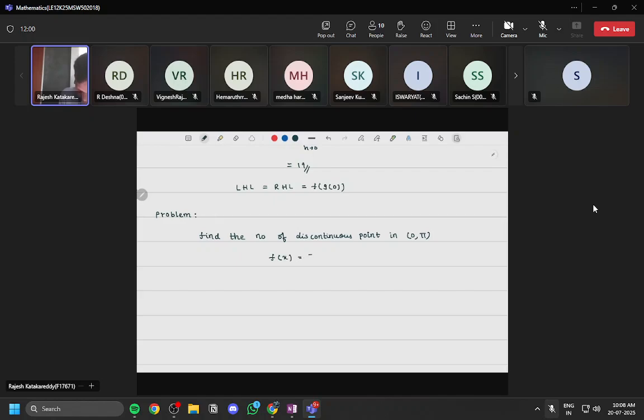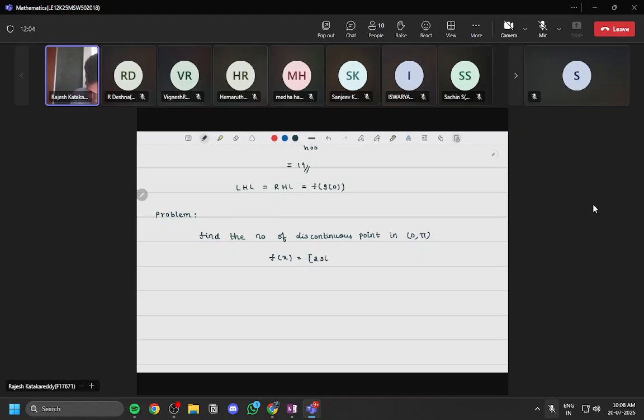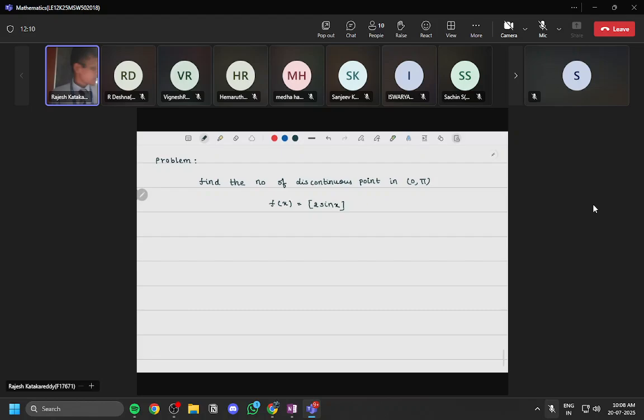Function f of x is, I'll tell, wait. Function f of x is greatest integer of, or box of, 2 times sin 2x. If you know the graph of this function, you can tell about the discontinuous things by drawing the graph. Clear? By drawing the graph. If you listen, definitely you will understand. If you are not paying attention, nothing will go inside your head.